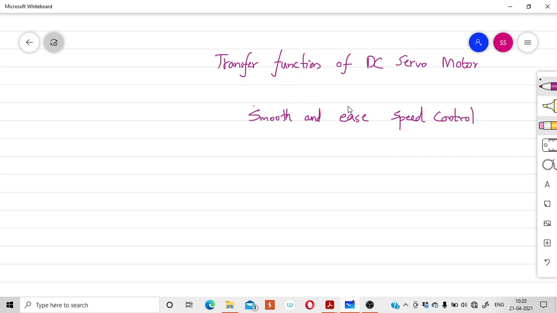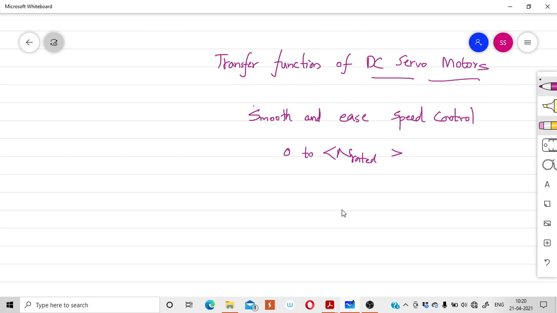Speed control means varying the speed as required by the designer, from 0 to the rated speed, and also greater than this rated speed. So this is the application of DC servo motors.